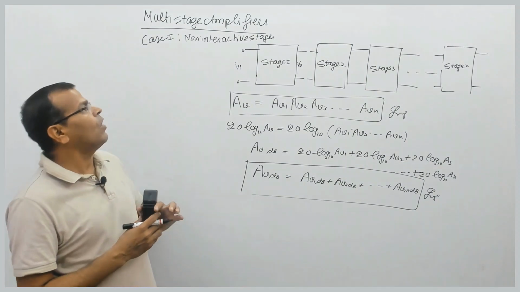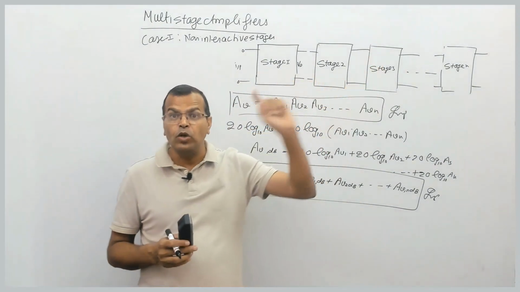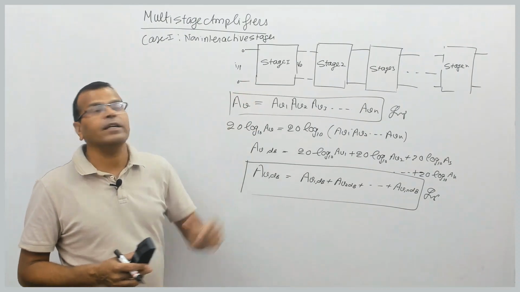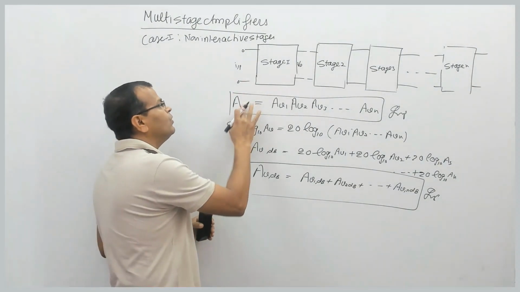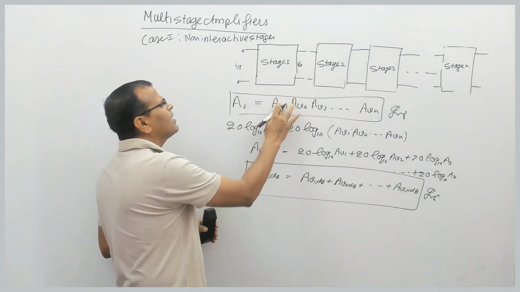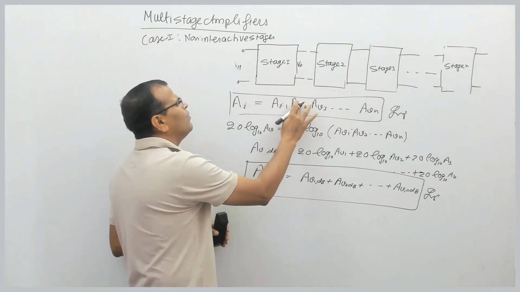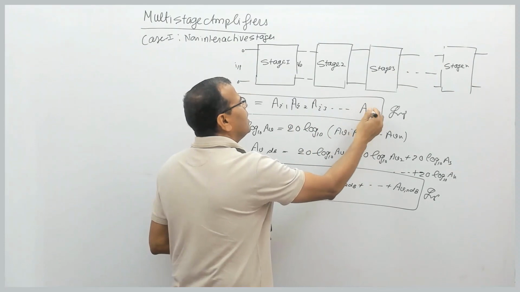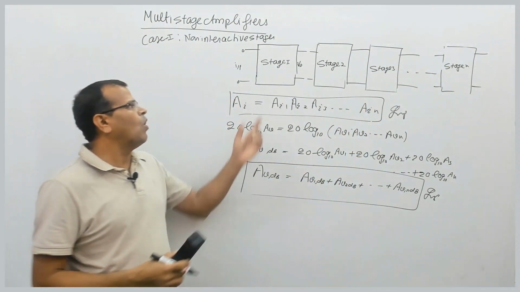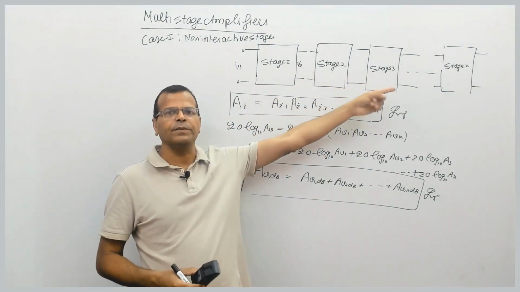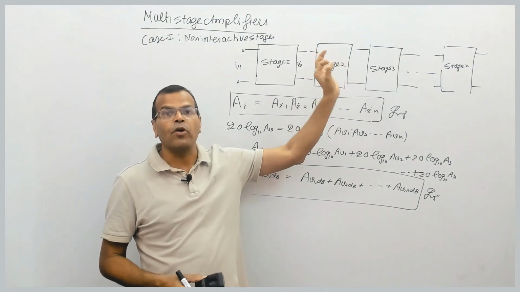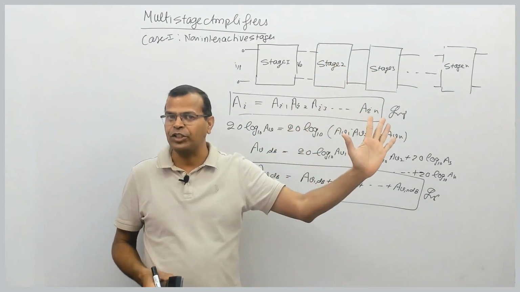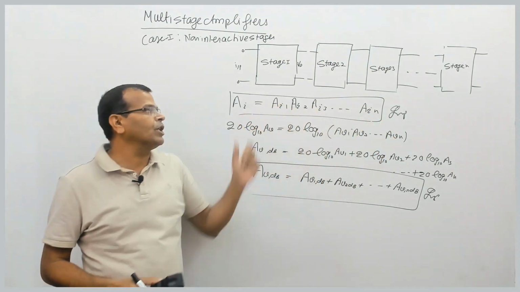Similarly, if you talk about current gain, these are non-interactive stages. So for non-interactive stages, it is simply current gain. Replace the subscript V by I. That's it. Otherwise everything is the same. The overall current gain of all the stages is the product of the current gain of individual stages. So it is simply multiplication.